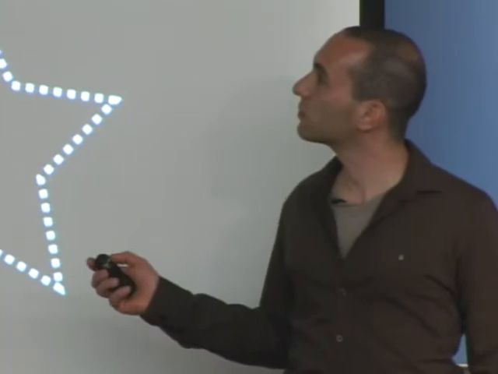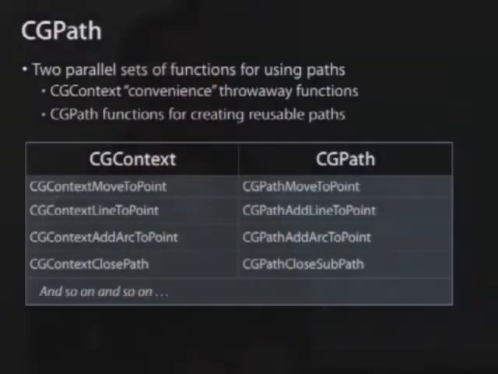So here are a few examples of functions that you can use. There are two different ways of doing this: CGContext and CGPath. The CGContext calls do it on the spot. So as you're telling CGContextMoveToPoint, internally it's like there's a pencil that's actually moving to that point.